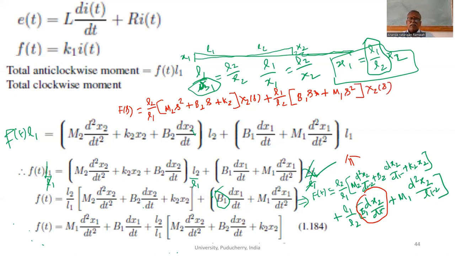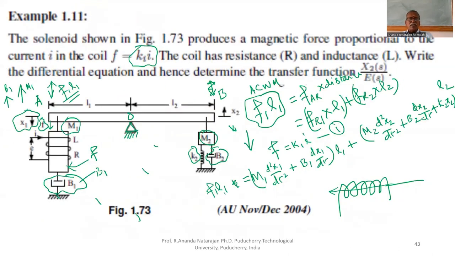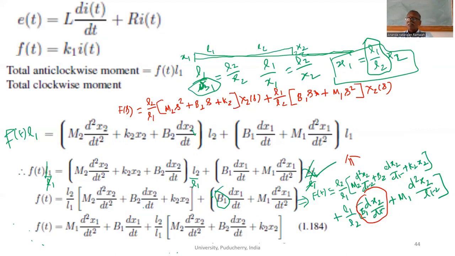So now you can bring x2 of s to one side. What is the transfer function required? Laplace transform of output upon input. Input is E of s. But here it is in terms of F of s. So what is the relation for F of s? We have to take E of s.